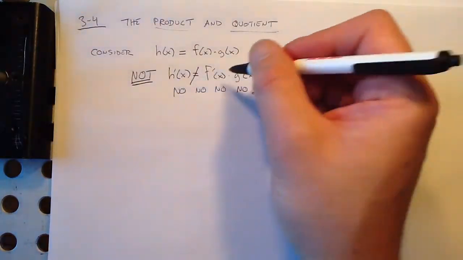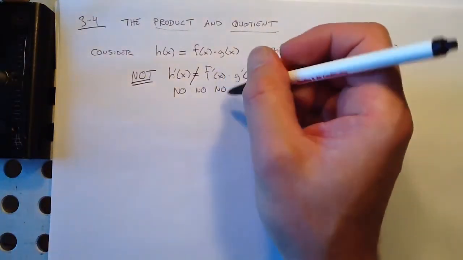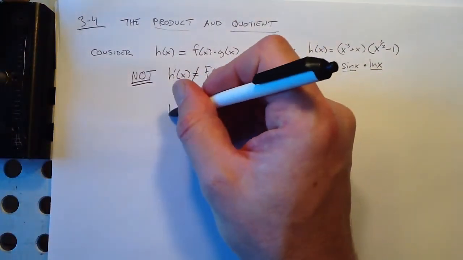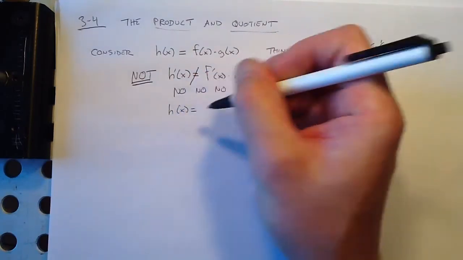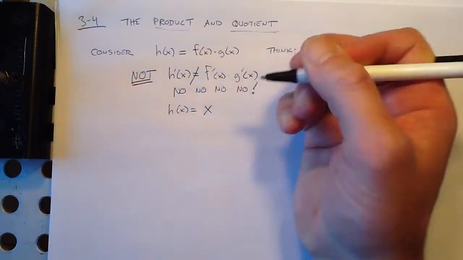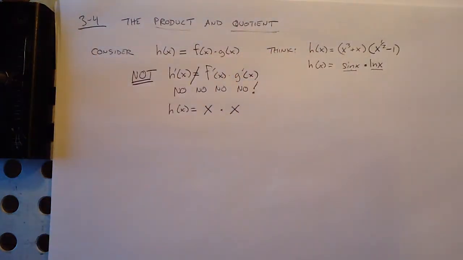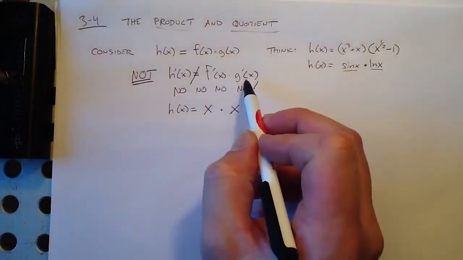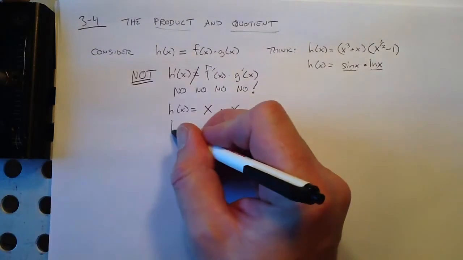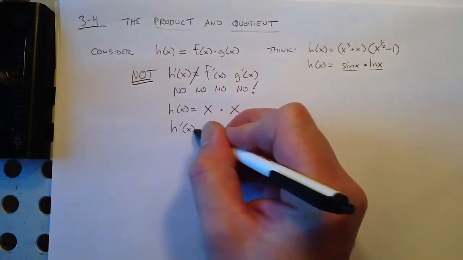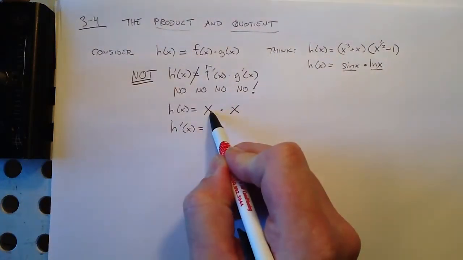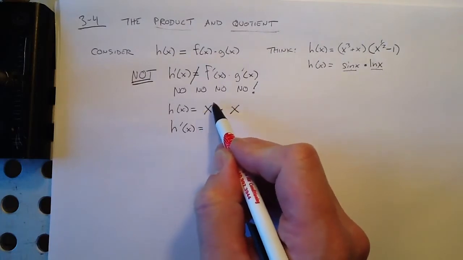If we said, here's a real simple example. If f of x, let's say the h of x function, was the product of x times x, right? That's a very trivial example. And you think, well, why wouldn't you write x squared? Well, let's just say we happen to write it like that. Then if this worked, which it doesn't, would say that the derivative of that is equal to, what's the derivative of just x? Well, that's like 1x to the 1.